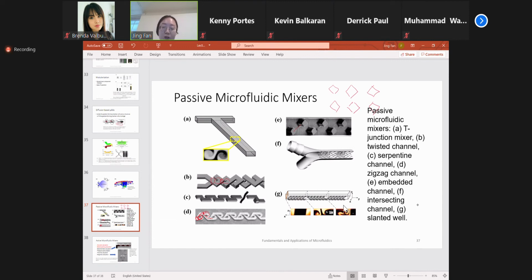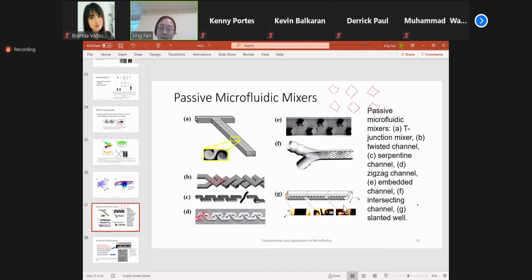Then how to achieve these sub-channels? Basically, there are some stationary rigid elements that form the intersecting channels, which are shown in the picture. These rigid elements guide the fluid to split and recombine.